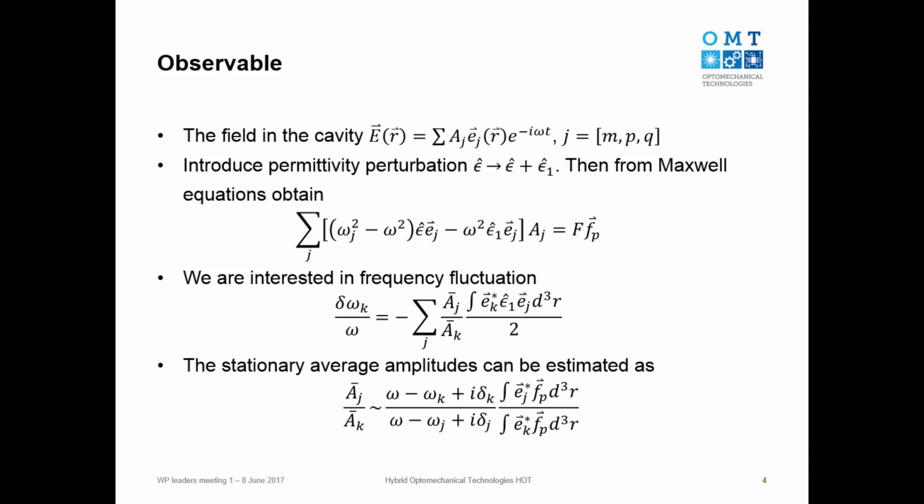Here this is the unperturbed permittivity and the small perturbation. From this equation we can see that it is something like perturbation theory. We can see that the deviation of the frequency corresponding to this perturbation can be expressed in the following way, where these average amplitudes are not very well defined, but we can say that in the stationary case they are proportional to the following factors.